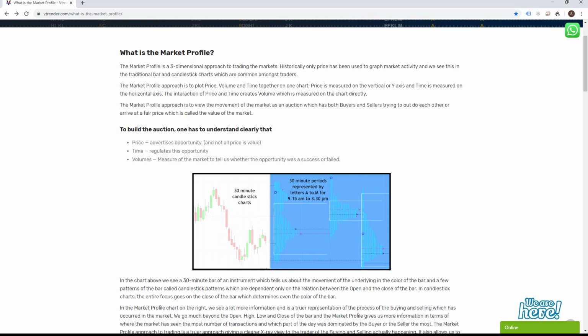But if you're looking to do a little bit more with the information which is available in the marketplace, if you're looking to find a bigger edge for yourself, if you want to look beyond the information a candlestick chart gives you, then we highly recommend you look at something which is in the shape of a market profile chart. Now, there is a number of things which the market profile can do, which is added to the information which you can already get from a candlestick chart.